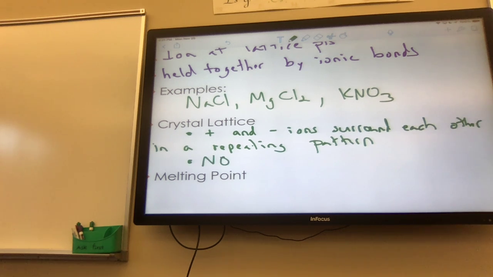And there are no intermolecular forces. Please do not try to tell me that. No intermolecular forces? Because there are no molecules. Because they're ions.